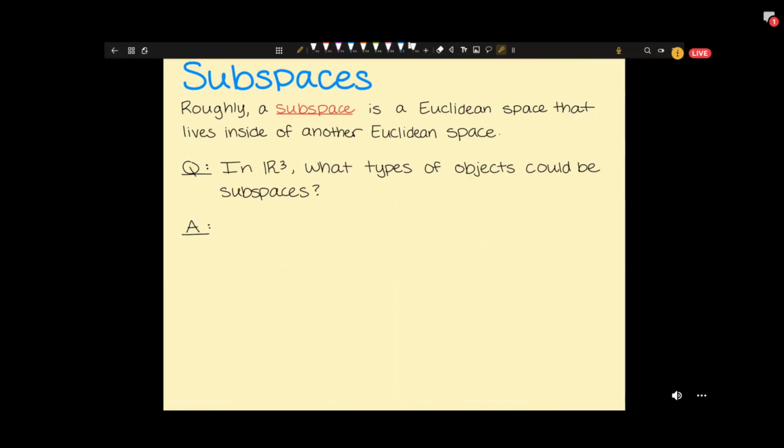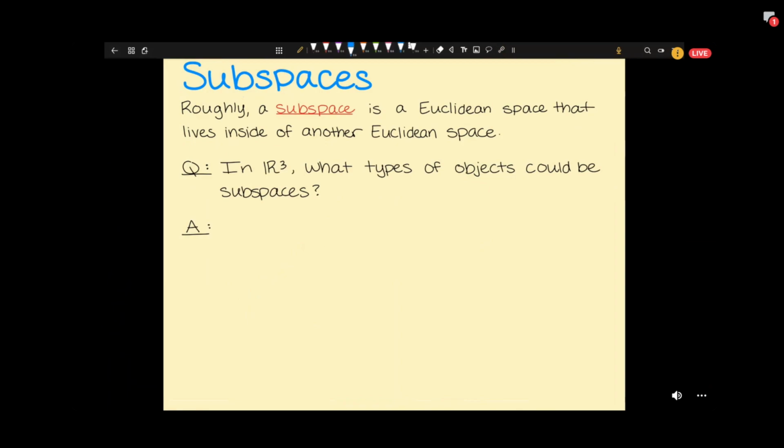So in R3, can somebody give me an example of what they think is a Euclidean space living inside of R3? A cube. That's a good answer. It's close, I think.